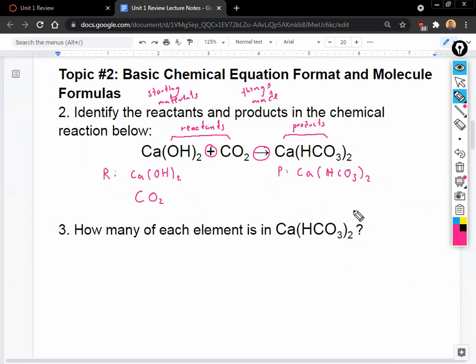Okay, so if you guys are good with that, I'll give you about a minute. Try to solve this problem. I want you to find how many of each element is inside of this molecule right here. Okay, I know we haven't done these in a while either, but take a second to do that. You can look back at your notes to see how we calculated it, especially with the parentheses. Take a minute to find out how many of each element is in here, and then we'll move on to the next topic from there.